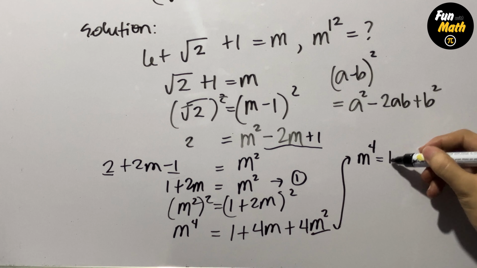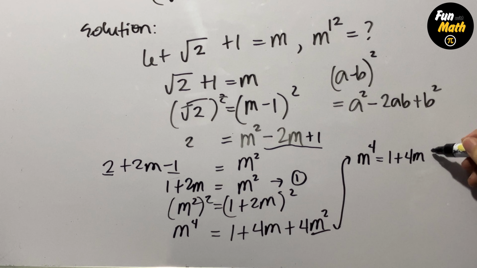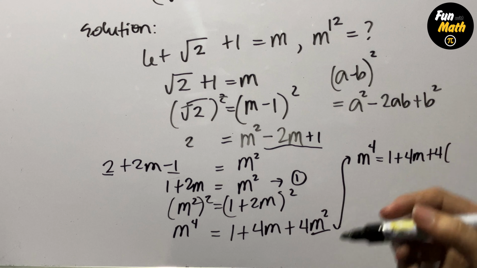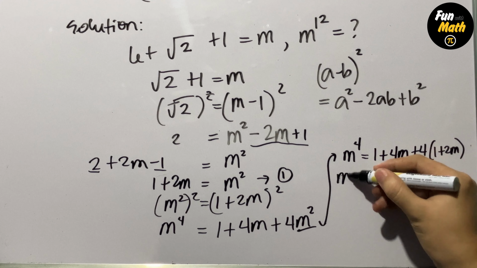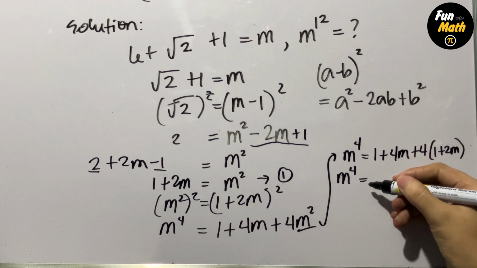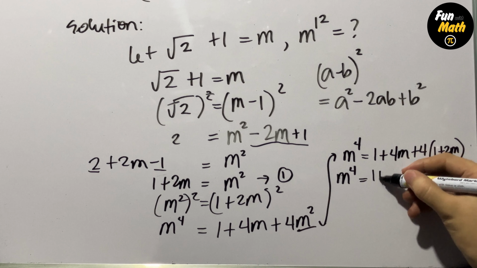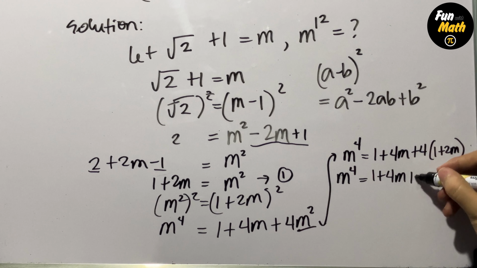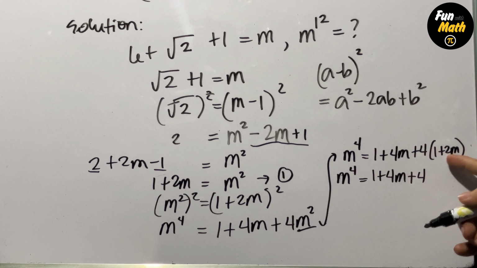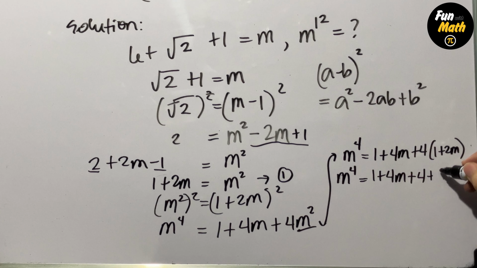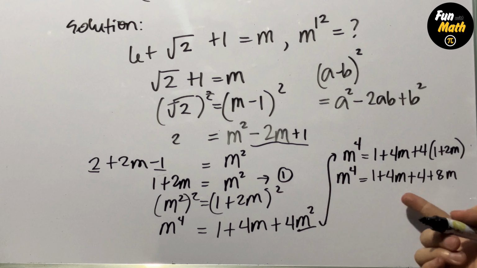So this is now 1 plus 4m plus 4 times 1 plus 2m. And this is now m to the power 4 equals 1 plus 4m plus 4 times 1, that's 4. 4 times 2m, that is 8m. So plus 8m. Next, we can combine like terms.